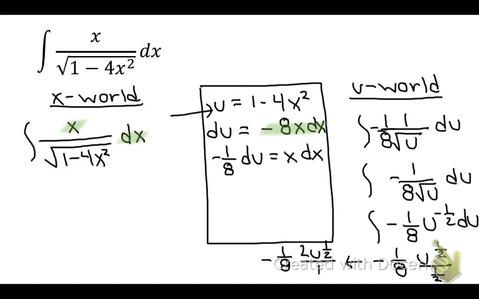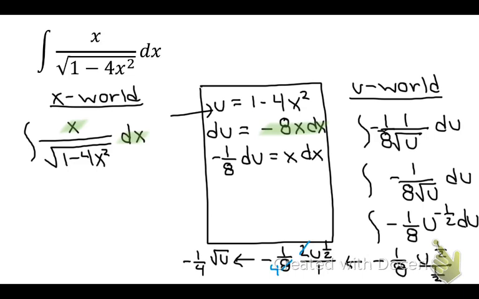We can do a little cross reduction here. So we're going to end up with negative 1/4 u to the 1/2. So we'll call it square root of u.